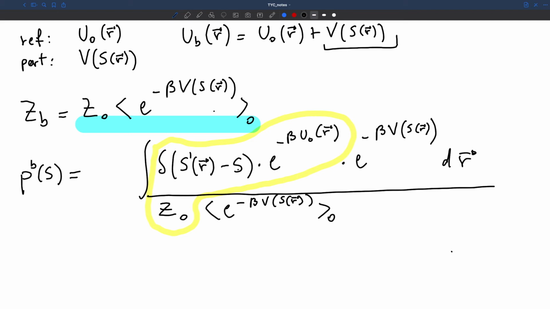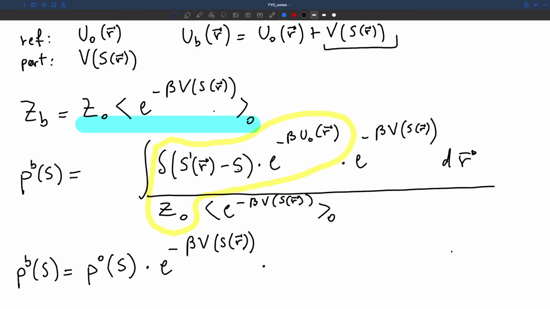So if we carry out this expression, we get that the bias probability density is equal to the unbiased probability density that multiplies e to the minus beta V, that multiplies this constant, which is the ensemble average of the bias potential estimated in the unbiased ensemble.